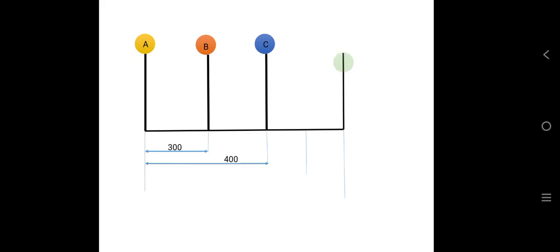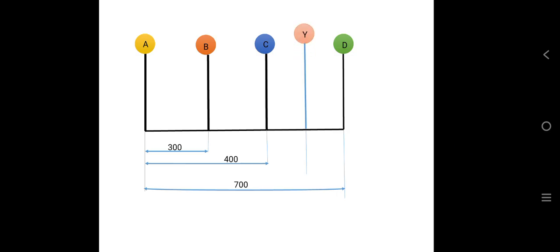The next one is the D mass, and the distance between A and D is 700 mm. Now we have to balance A, B, C and D, so we have to add some balancing masses. The balancing masses are X and Y.